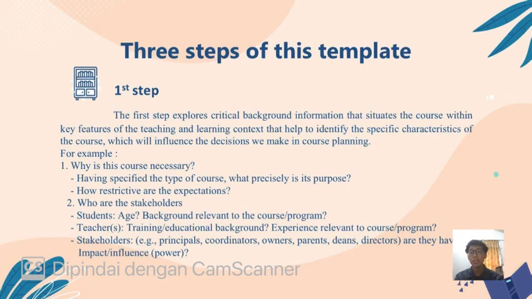In the first step, the teacher will gain the critical background information from the questions. Later the responses to the questions will have an impact on making decisions in course planning.